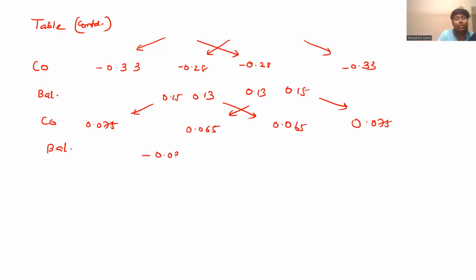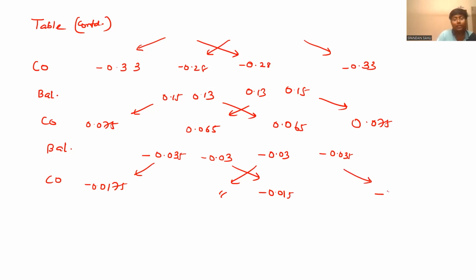Minus 0.035, and again here it will be minus 0.03, minus 0.03, minus 0.035. Then again carry over minus 0.0175, minus 0.015, minus 0.015, minus 0.0175. Then again balance.